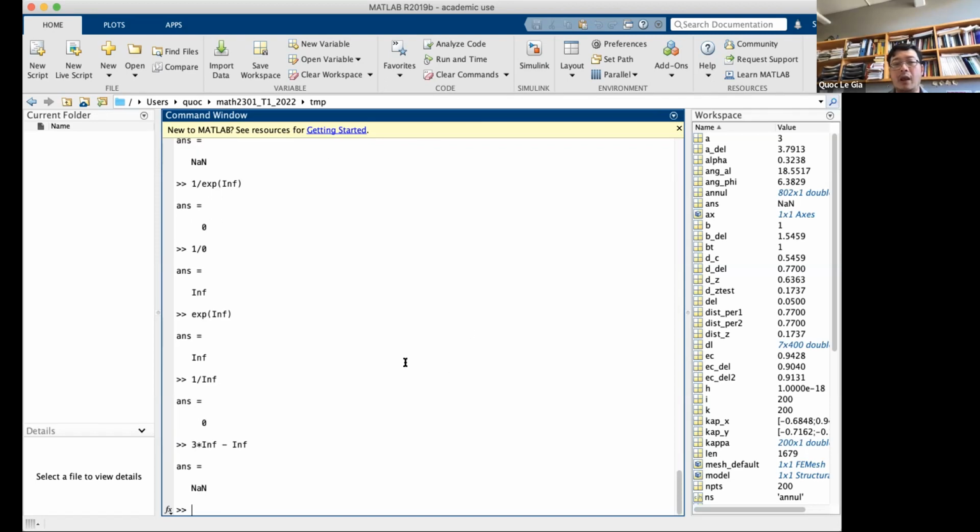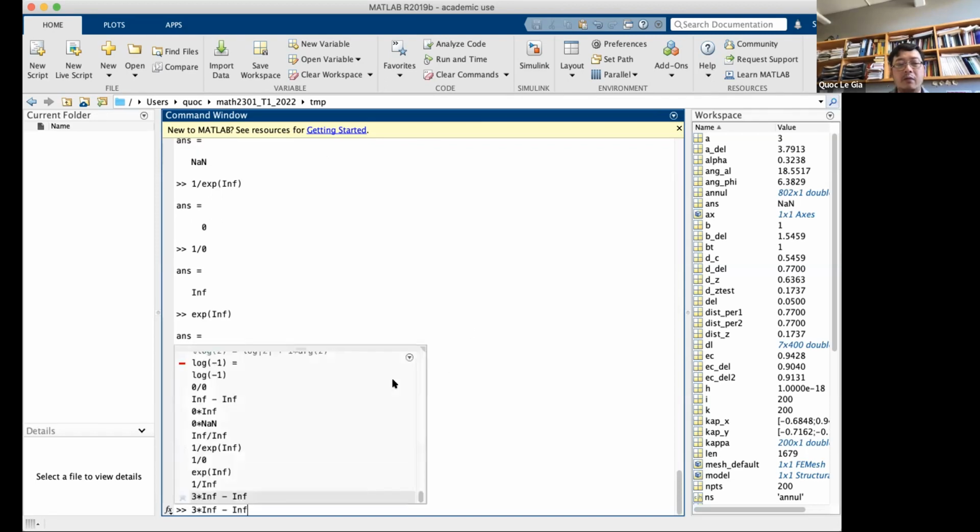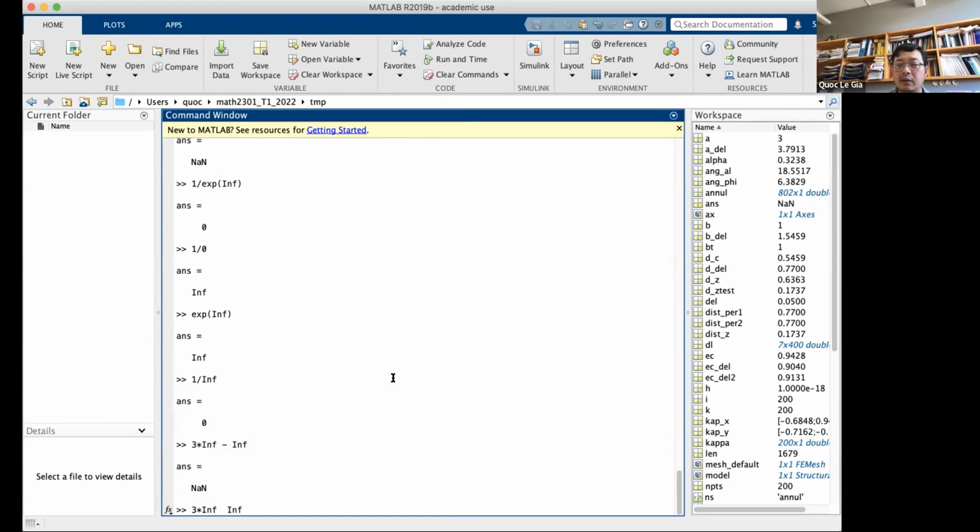And then if you have 3 infinity plus infinity, you get infinity, because infinity plus infinity is still infinity. And then not a number minus not a number is not a number, right? So still indefinite.